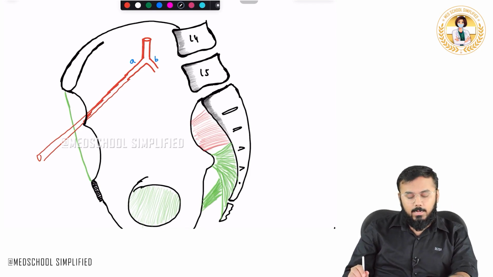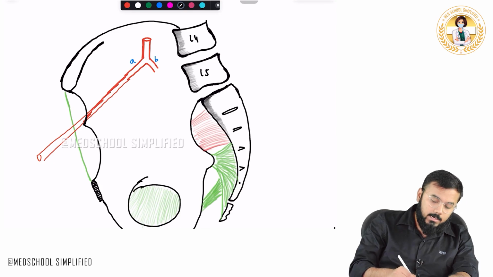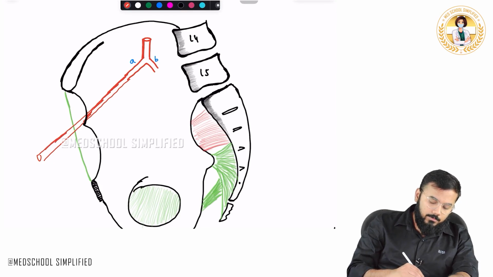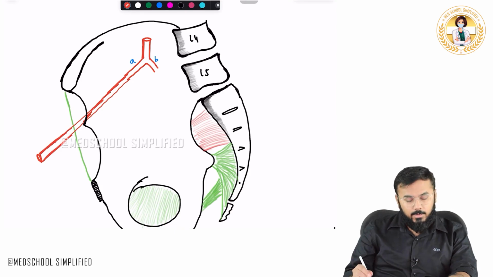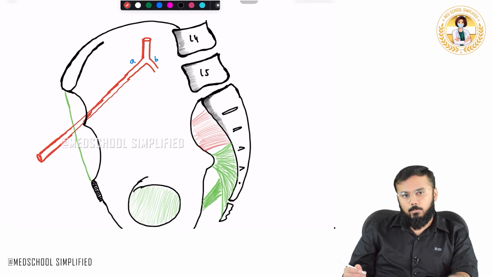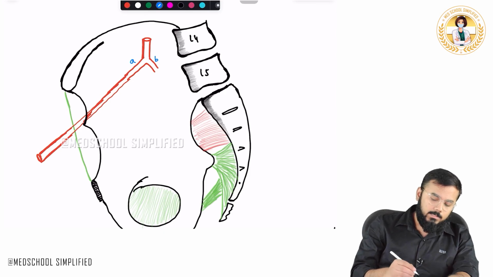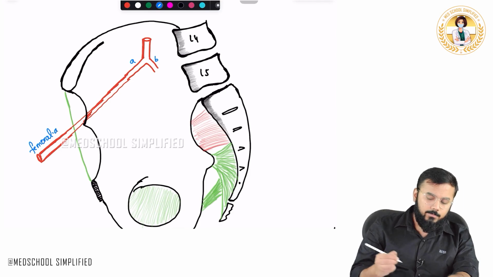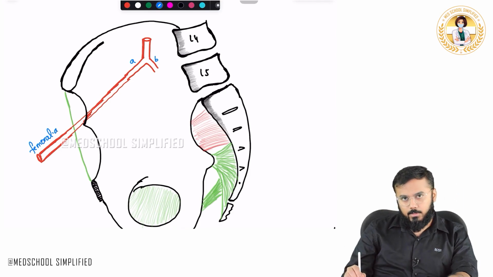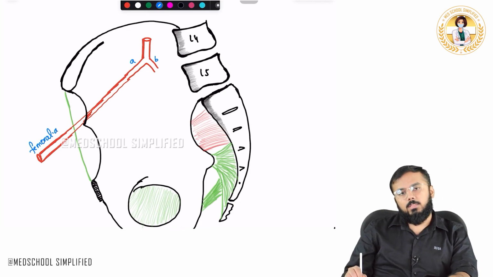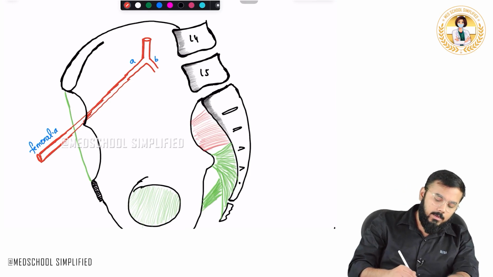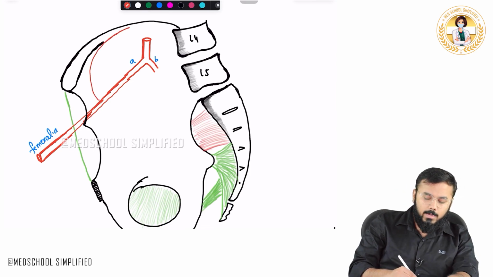Now this external iliac artery will continue later as another artery called femoral. All of you know that once the external iliac artery crosses the inguinal ligament, you call it the femoral artery. Within this, the external iliac gives one branch that goes back like this.